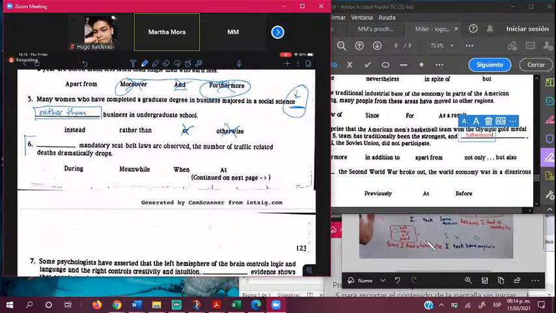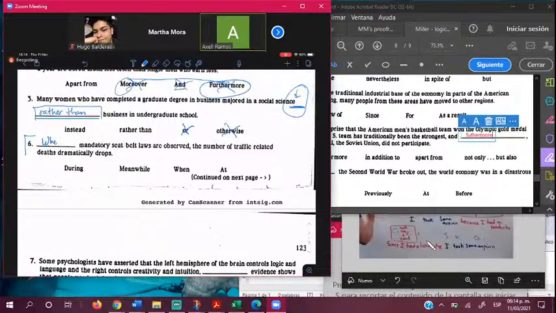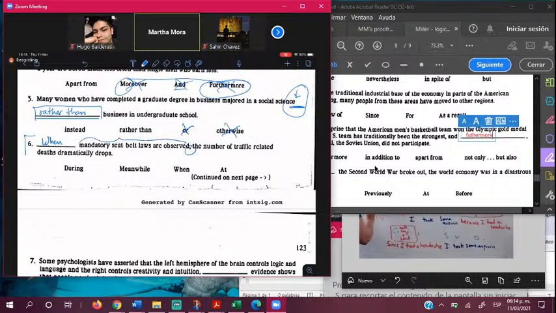I think that is "when." Read. Okay, when mandatory seatbelt laws are observed, the number of traffic-related deaths dramatically drops. Does everybody agree? Yes. Great. We have a comma here, we have a complete sentence here, so we need a subordinating conjunction. Very good.